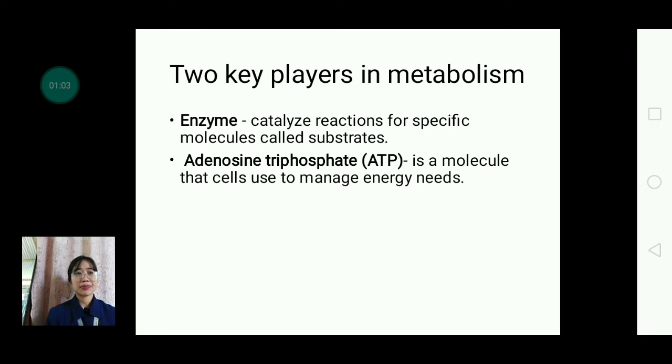There are two key players in metabolism, which are enzymes and adenosine triphosphate, or ATP. Enzymes catalyze reactions for specific molecules called substrates, while ATP is a molecule that cells use to manage energy needs.